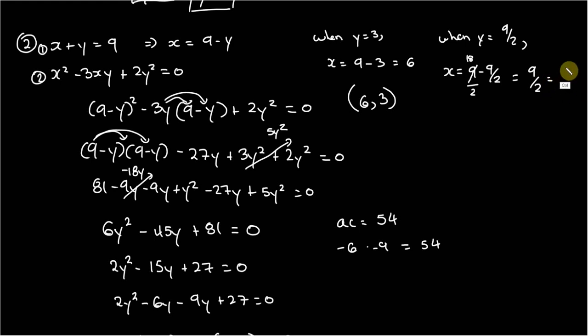Just leave that at 9 over 2. Sorry, and so therefore our second set is going to be 9 over 2 and 9 over 2.